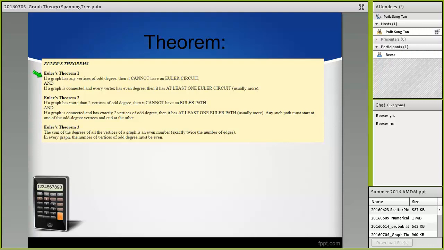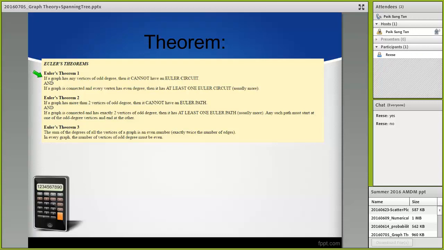So Euler's theorem number 1 says if a graph has any vertices of odd degree, then it cannot have an Euler circuit. Meaning it cannot have an Euler circuit that starts and ends at the same point if there is any vertex of odd degree.